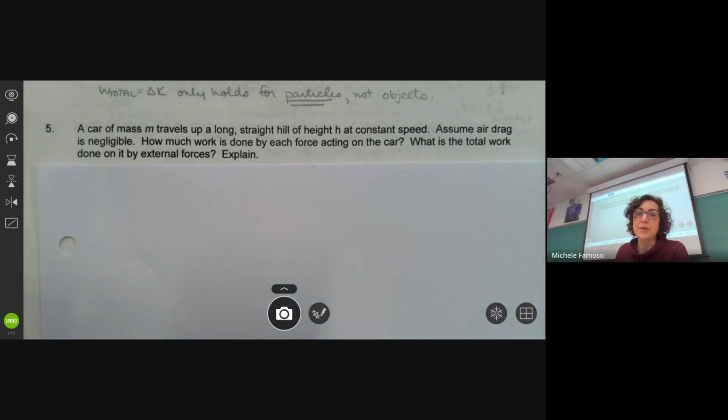All right, number 5. A car of mass m is traveling up a long straight hill of height h at a constant speed, assuming air drag is negligible. How much work is done by each force acting on the car, and what is the total work done on it by external forces? Okay, first of all, can you name the forces acting on this car?